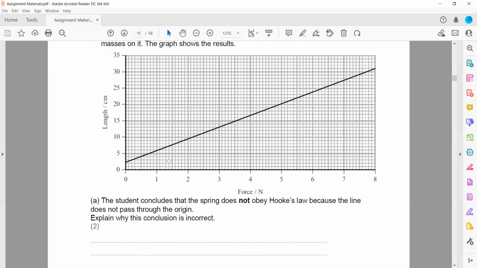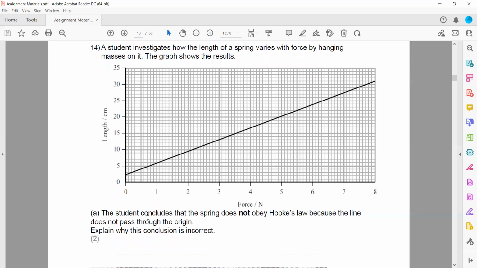So why is this conclusion incorrect? Because the student considered length, not the extension.